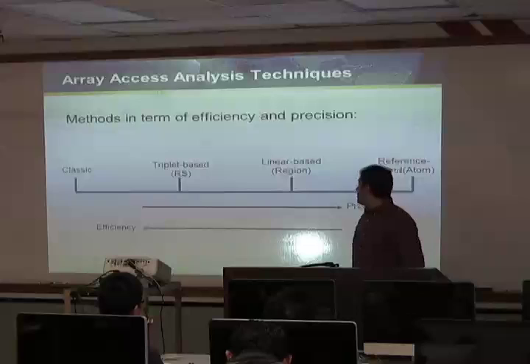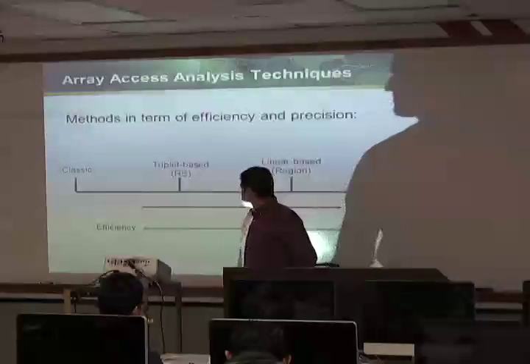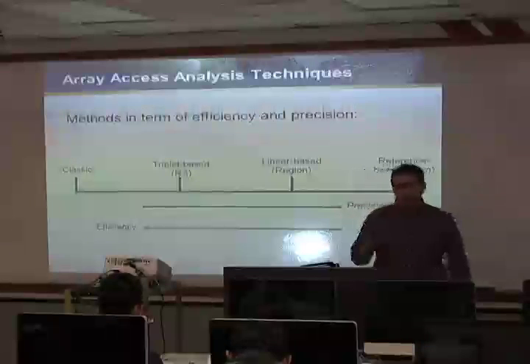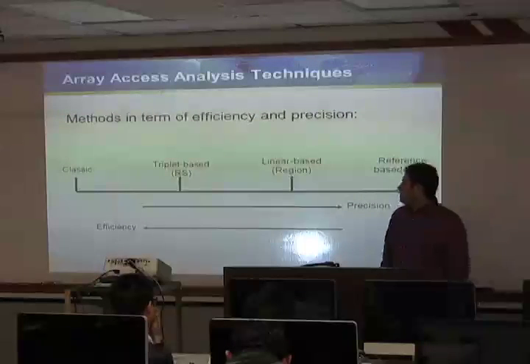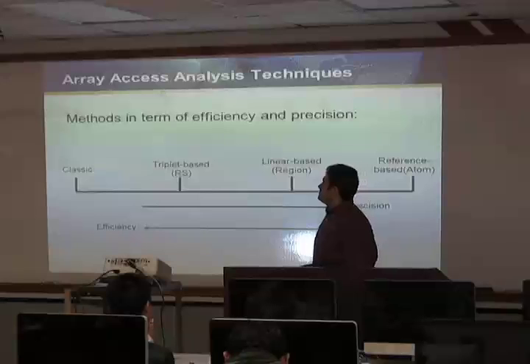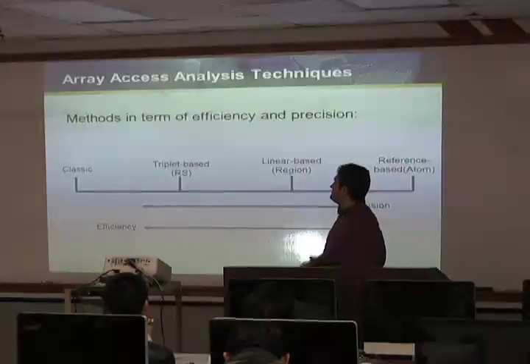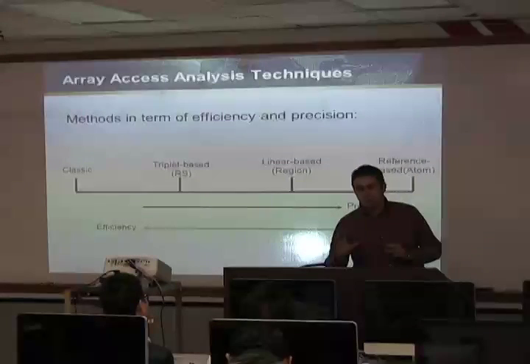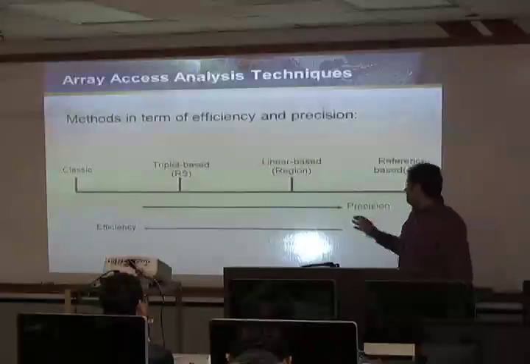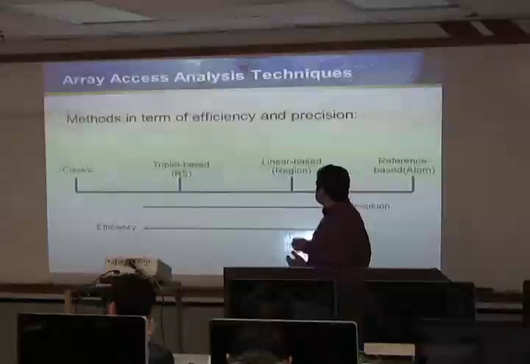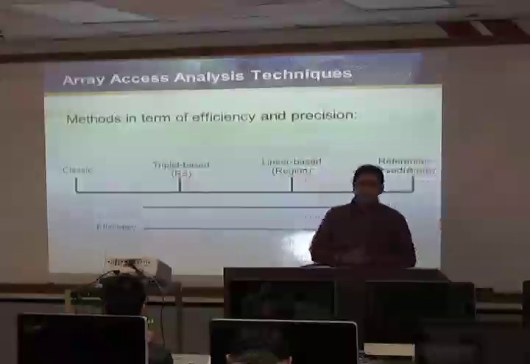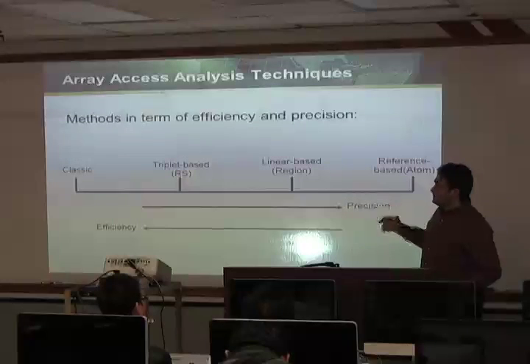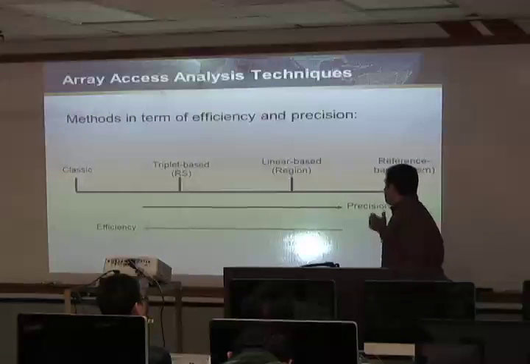We have 4 main techniques for array analysis. The first one is the classic method, and it doesn't have any kind of summarization for arrays. It analyzes the array as a whole and doesn't give any information about the regions that have been accessed. Triplet-based and linear-based are 2 methods that support summarization, and the linear-based region method was implemented in our compiler.